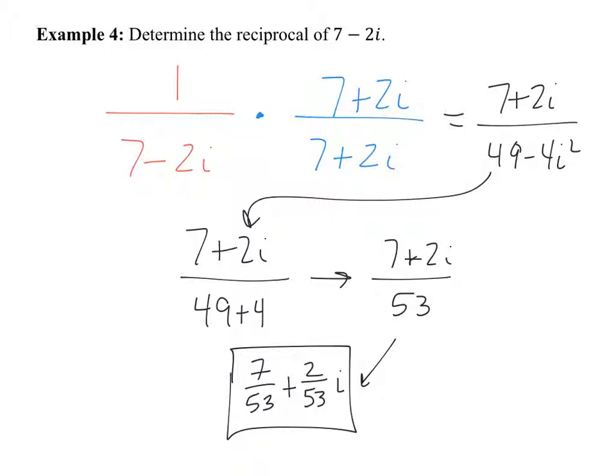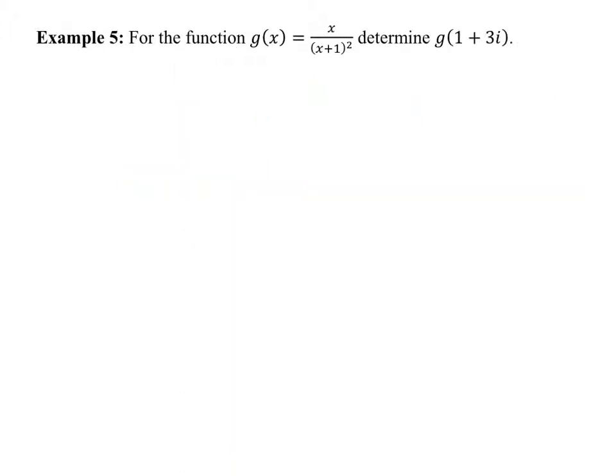Try the last one on your own. This one's going to be tricky, I will tell you that. If g of x is given by that function, go ahead and find g of 1 plus 3i. There's a lot to do, so see how you can do with this one. Sorry, 1 plus 3i. I said 1 plus 3.